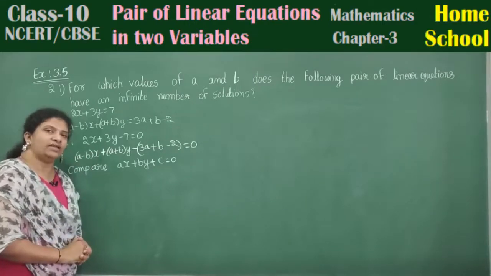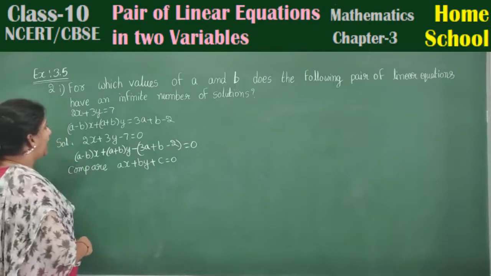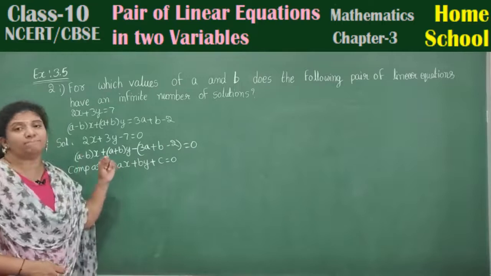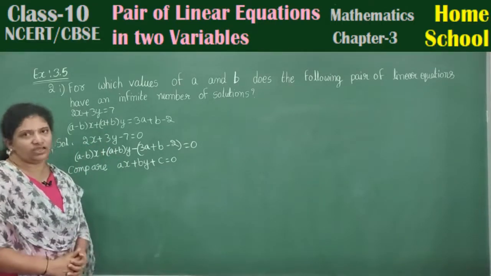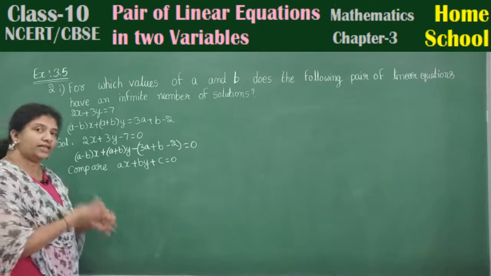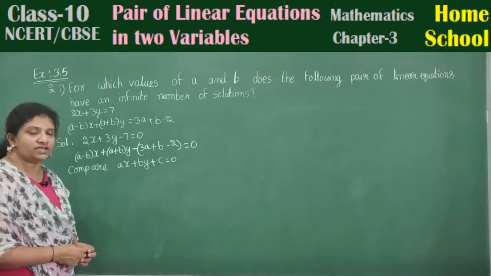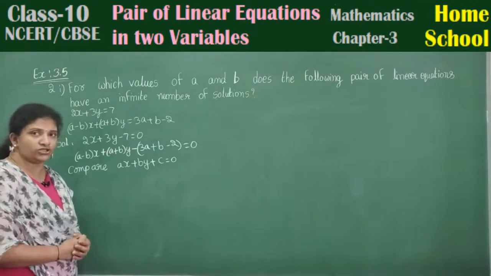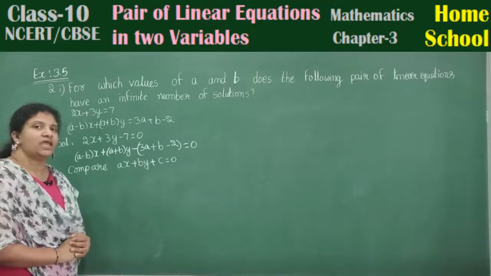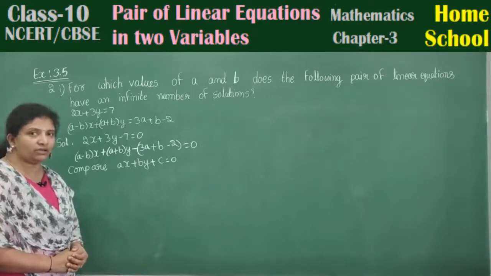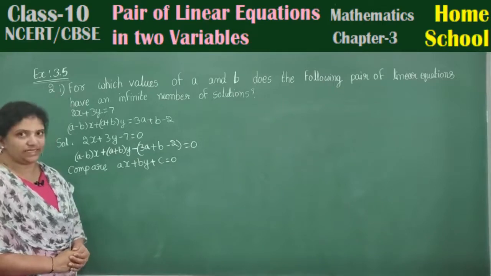You need to find the value of a and b where they have infinite number of solutions for this pair of linear equations. Already the solutions they are discussing here. How will be the solutions? Having infinite solution. Infinite solution means what is the ratio here? Remember, a1 by a2 is equal to b1 by b2 is equal to c1 by c2.